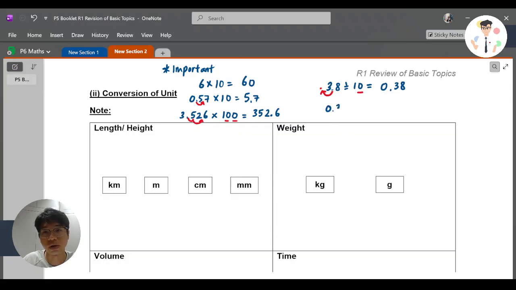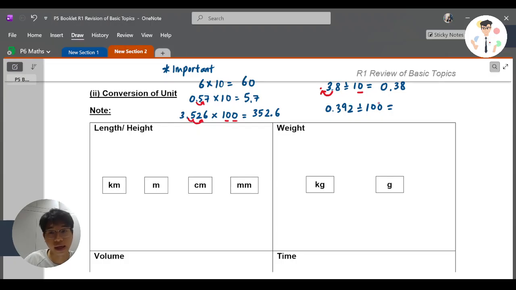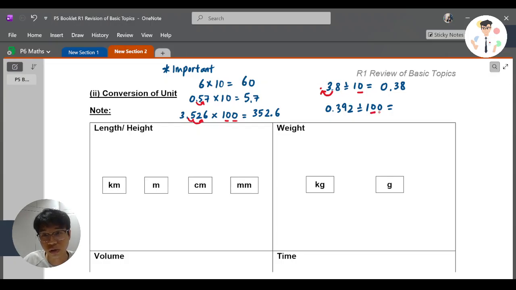Now, let me give you another example. How about 0.392 divided by 100? It's already 0 point something. How do you divide by 100? The same thing again. When you see there are 2 zeros here, this decimal point is supposed to move to the left side 2 times. So 1, 2. So the dot will be here.